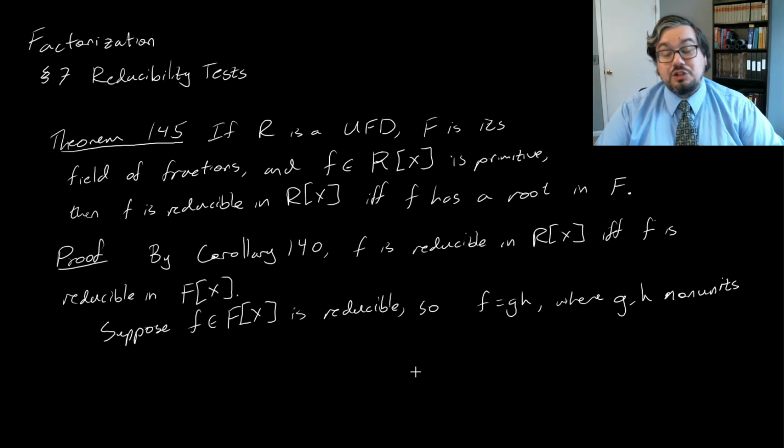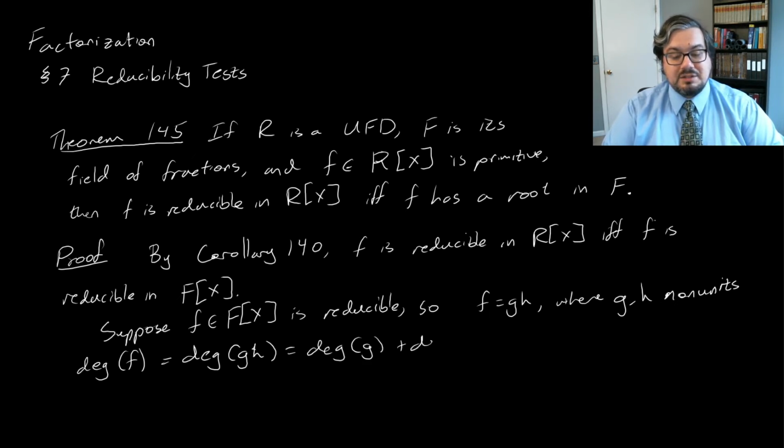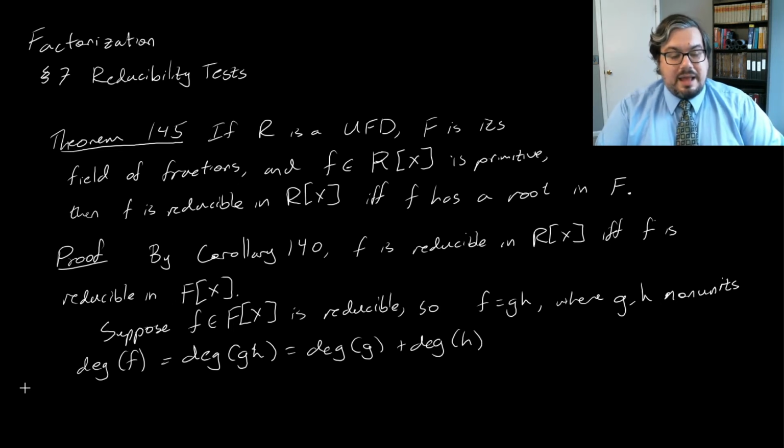Now, because g and h are non-units, that means that they're non-constants, and in particular, that means that they each have degree at least 1. So we have that the degree of f is equal to the degree of gh, which is the degree of g plus the degree of h, and the degree of f is less than or equal to 3.